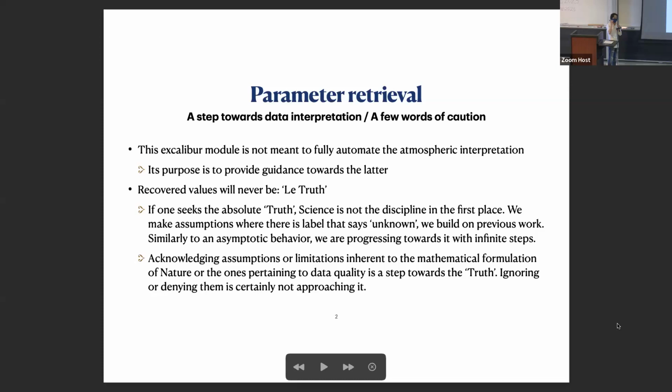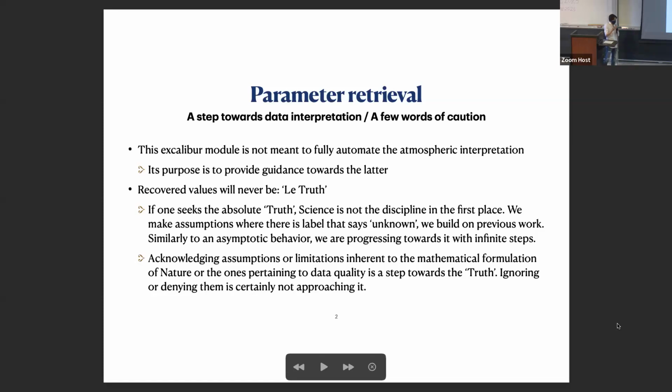This is especially true when you're talking about something that is extremely far. We don't have in situ instruments that are really inside the system. We are indirectly probing the content of those atmospheres, so whatever we derive, we derive with a lot of assumptions.